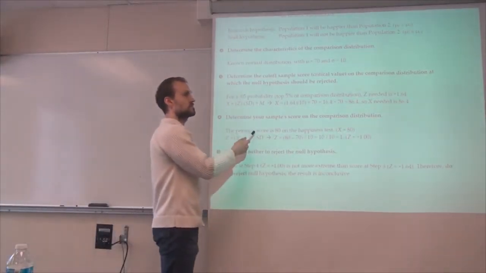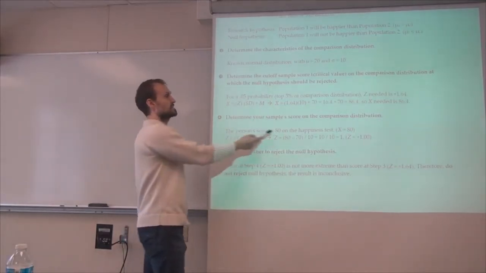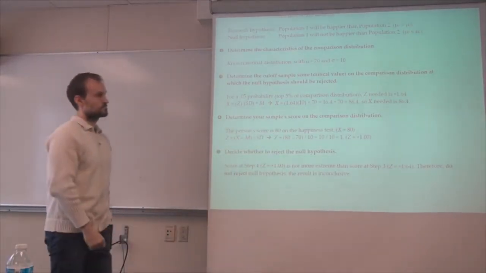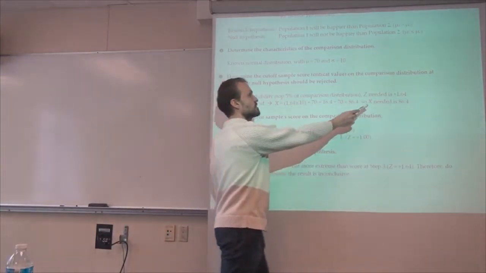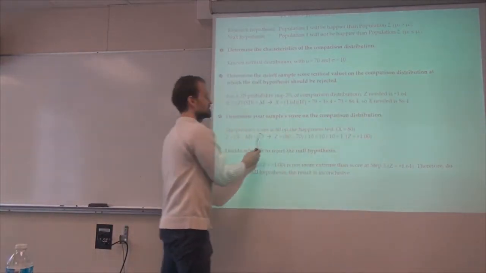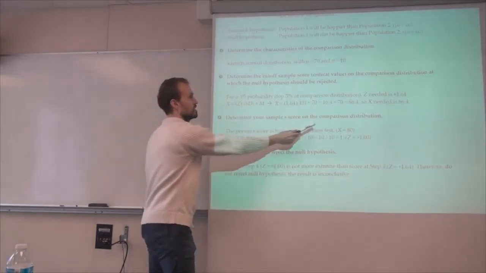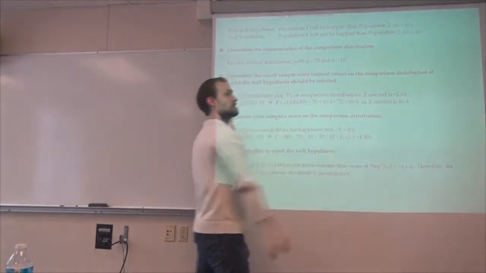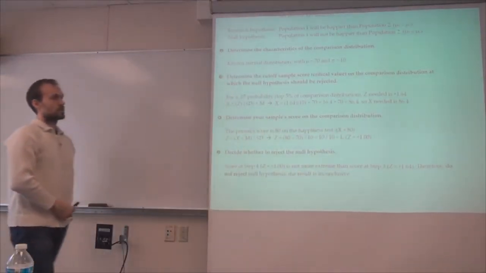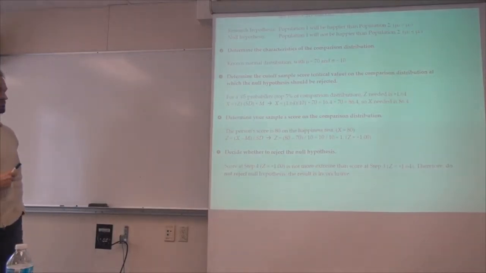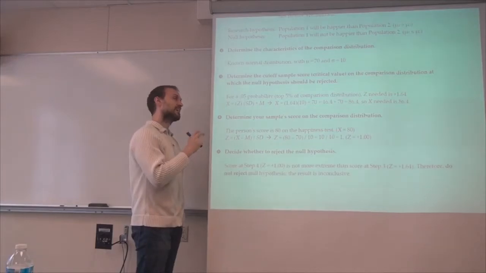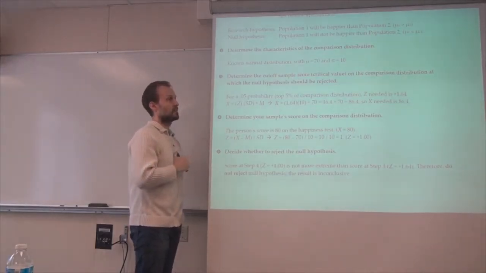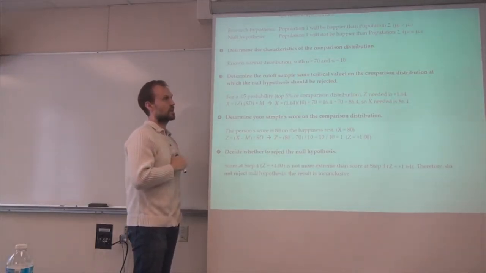Now this person in the sample only has a happiness score of 80. So the Z score is less than 1.64. The happiness score, 80, is less than 86.4. So now I have to decide, is that evidence strong enough to reject the null hypothesis?